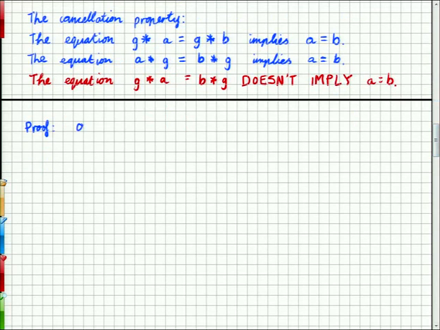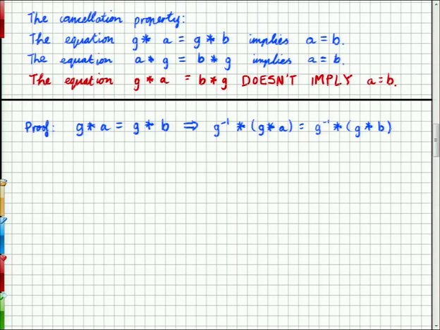Okay, so you think, what can you do to both sides of this equation? What I'm going to do is multiply both sides by G inverse. But you have to be very careful about how you do it.